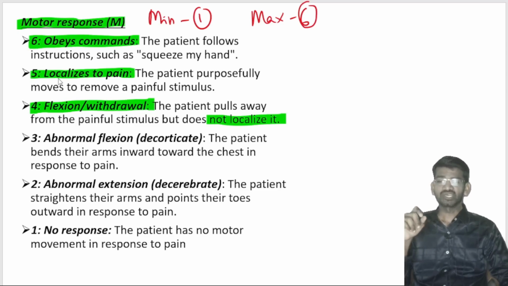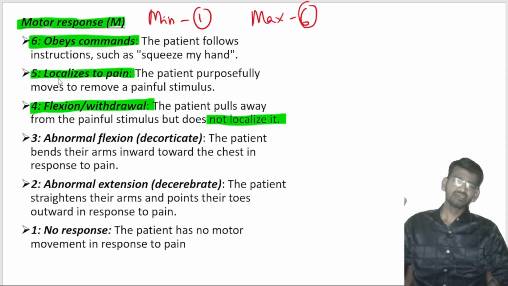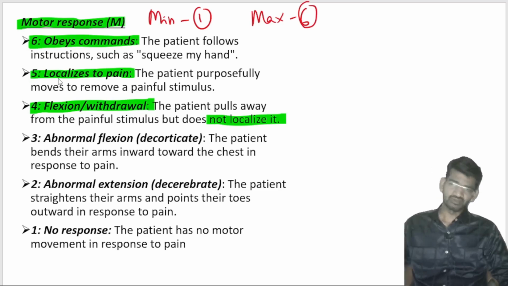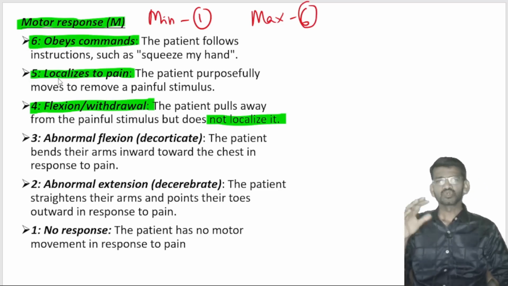He will withdraw his hand and make some flexion, or he may make some withdrawal. He will take away the hand. So that is the 4. But he will not localize exactly where you make the painful stimulus.